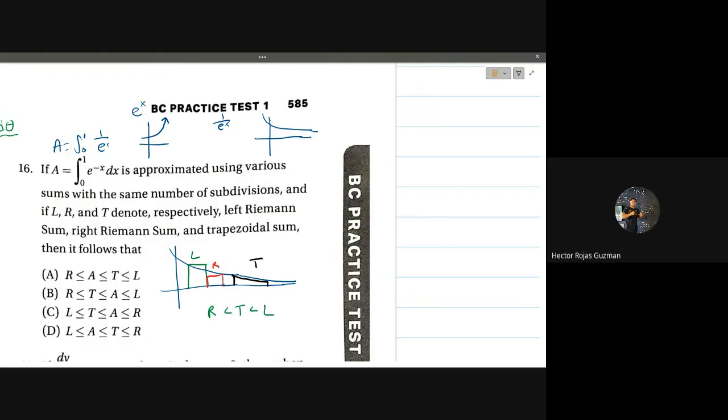But finally, we also have to include the actual area, the perfect area, no gaps. And because the trapezoidal sum still leaves a gap, the area is going to be bigger than the trapezoidal approximation, leaving us with B.